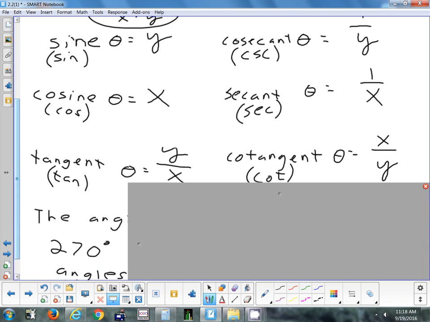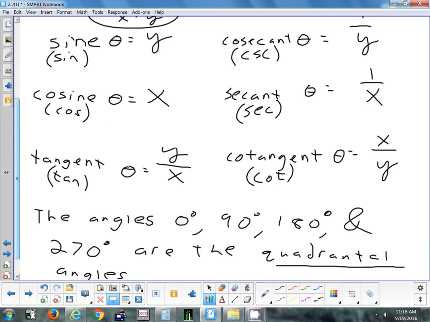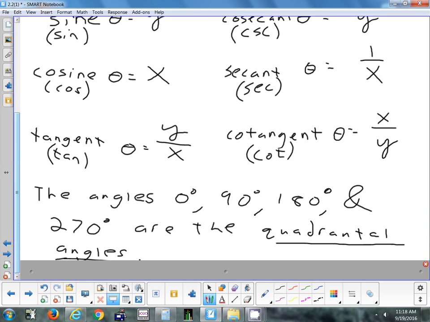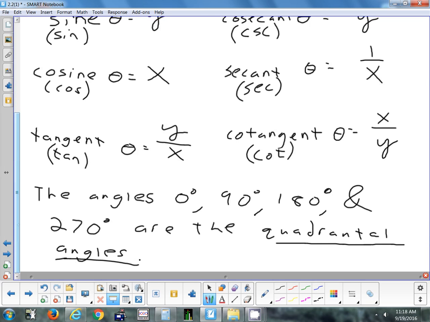Okay, those 4 angles that we dealt with earlier, the 0, 90, 180, and 270, because each of those angles are on an axis, they have a special name, and they're called the quadrantal angles. Because they're right on the boundary lines, the axes, which separates things into quadrants.